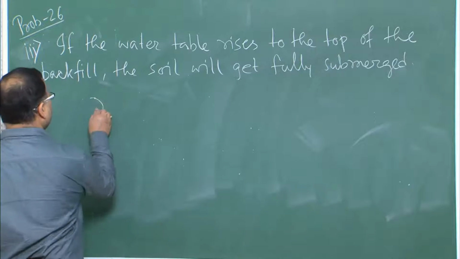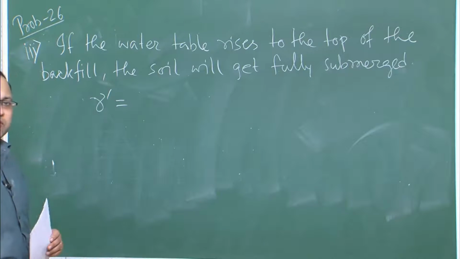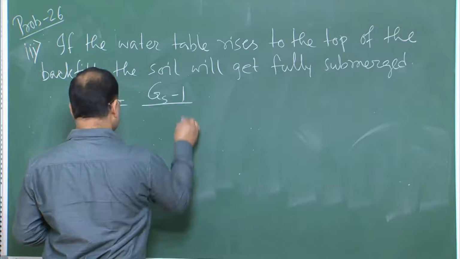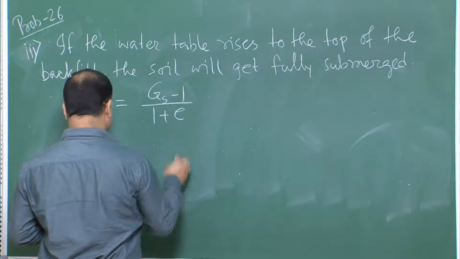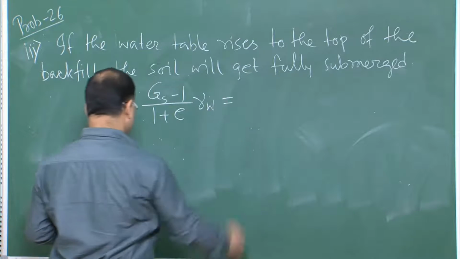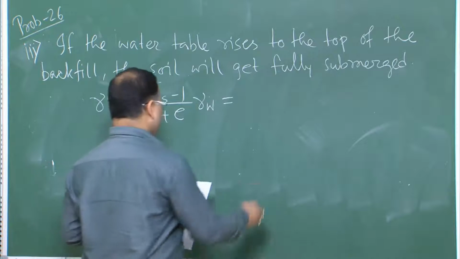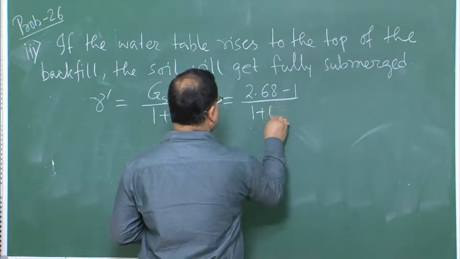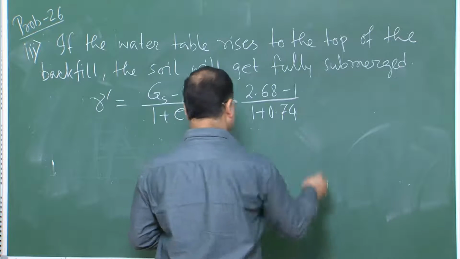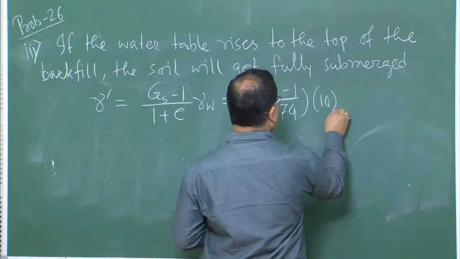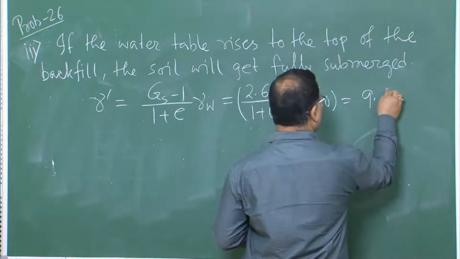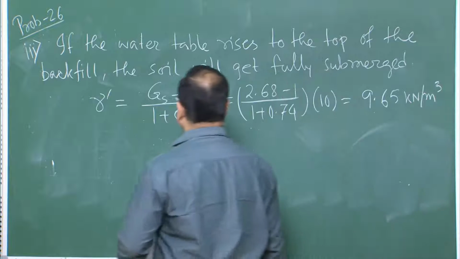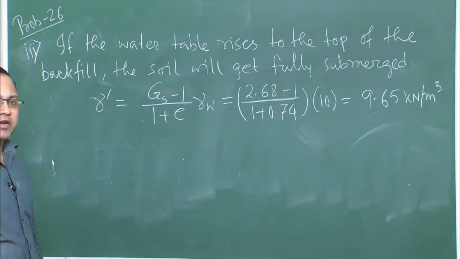So, let us calculate the submerged unit weight, because that will be required to find out the lateral pressure. That is nothing but Gs minus 1 by 1 plus e into gamma w. If I put the values, I will get gamma prime equal to 9.65 kilonewton per meter cube.